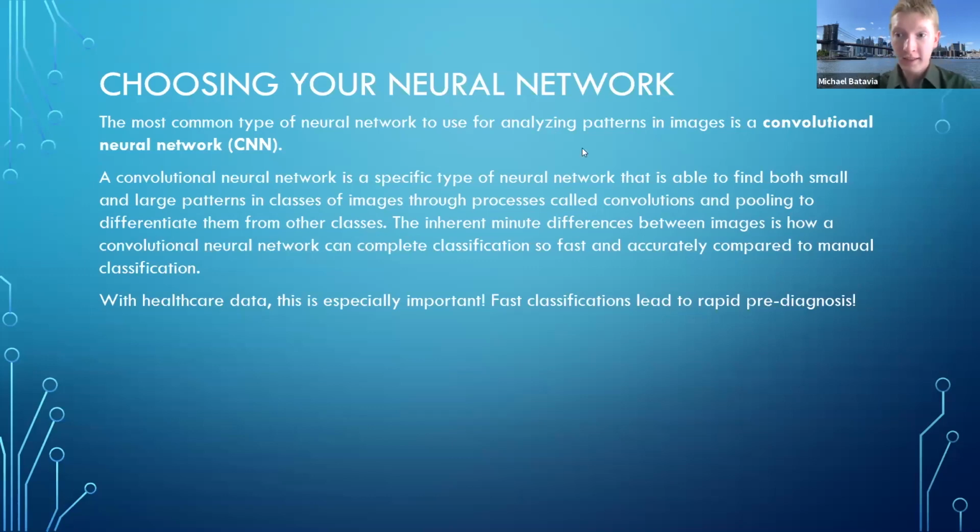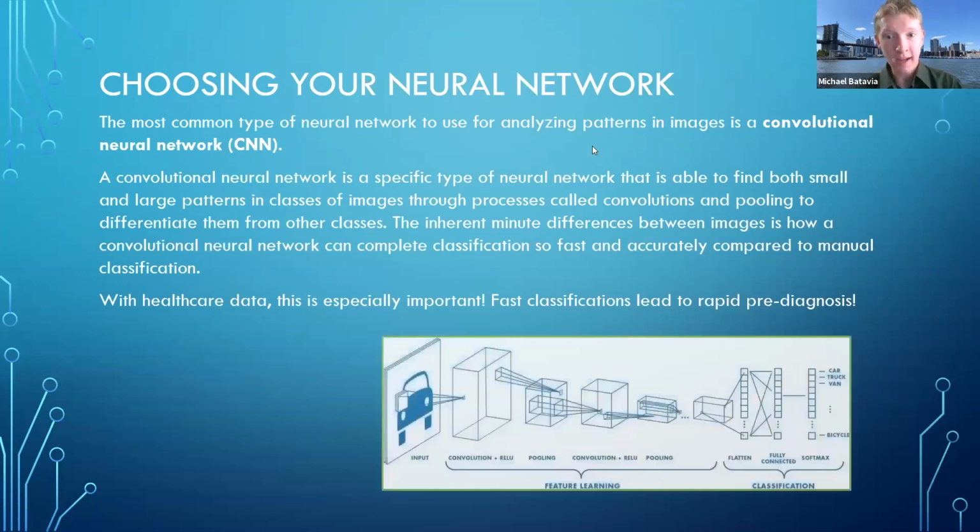And for those who are not that familiar with what a convolutional neural network is, it's a specific type of neural network that is able to analyze both small and large patterns in images. The way a convolutional neural network works is it tries to find some distinguishing item that separates classes.